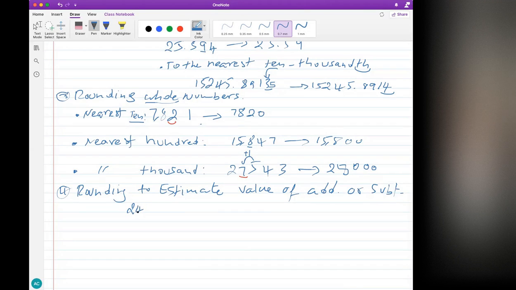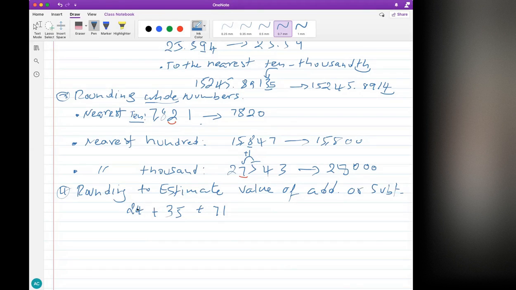Say 24, and we want to add that to 35, maybe even 71. If you try to do this in your head, it might not be as simple, but if you round them to the nearest 10, what would it be, the nearest 10?